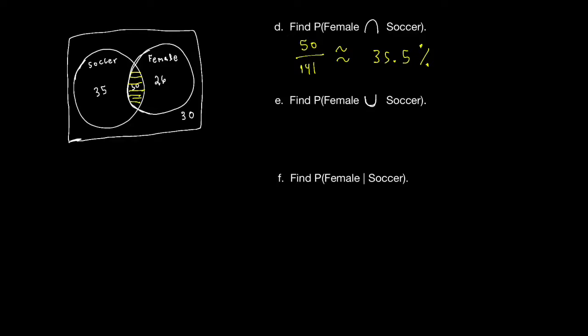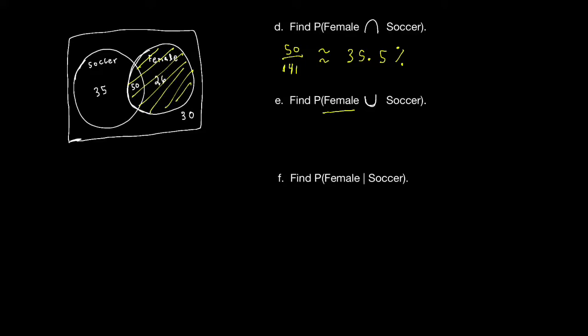Okay, the next one we have to find the probability of female or soccer. And to find this probability, we could use the addition rule, but since we have a Venn diagram, let's just eyeball it here. So let's begin by counting the people inside of female. So female are all of these people right here, and we have a 50 plus a 26, we get 76.